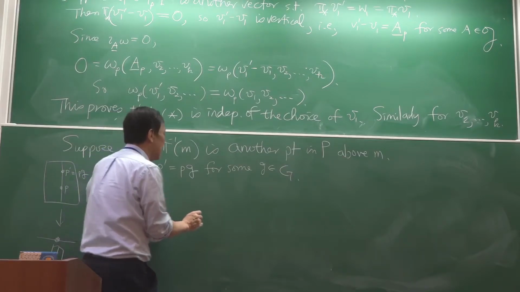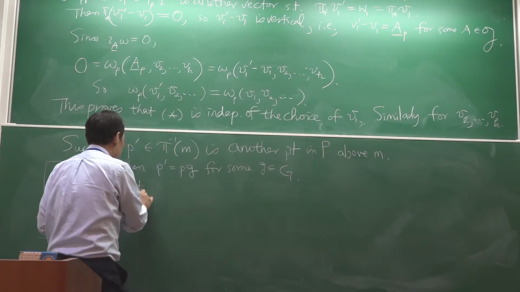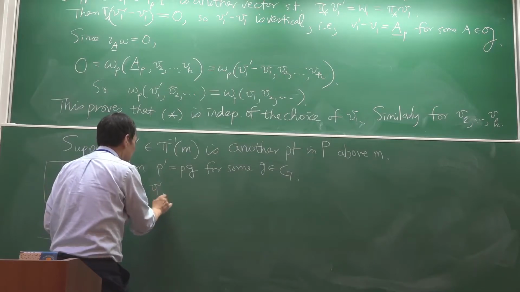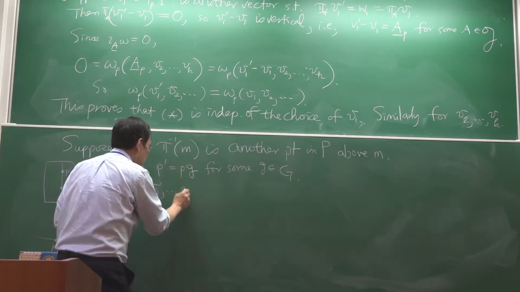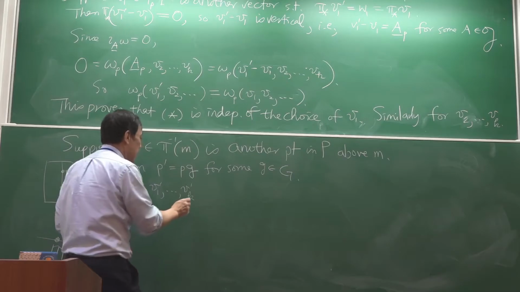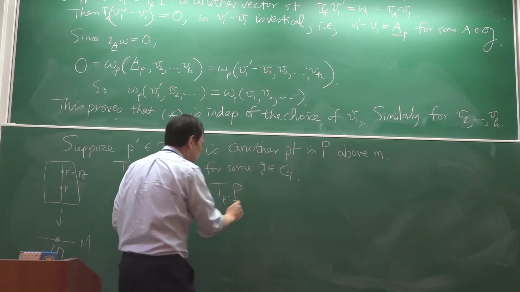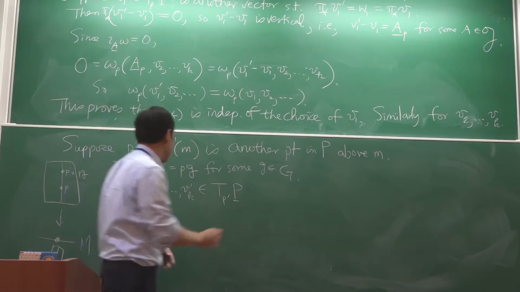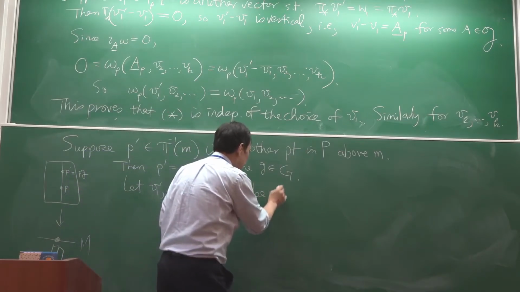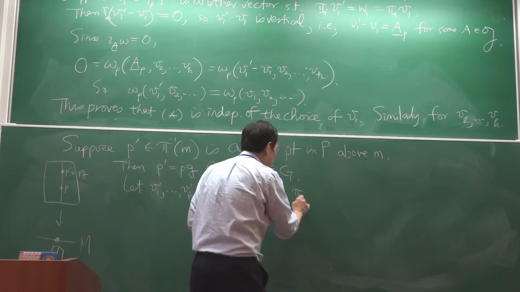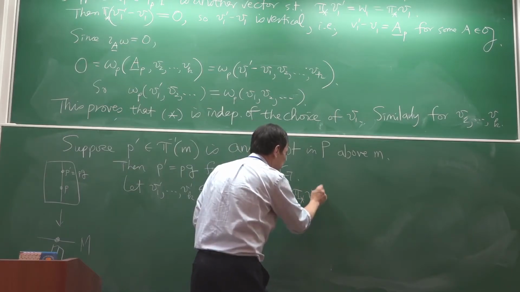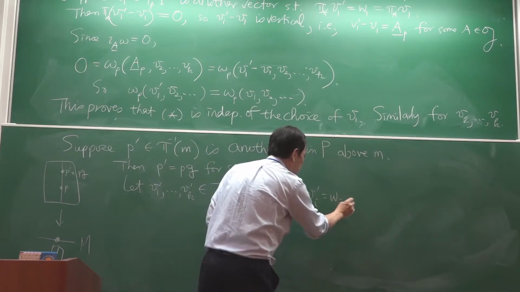So let V1 prime to Vk prime be tangent vectors at P prime that project to the W's.